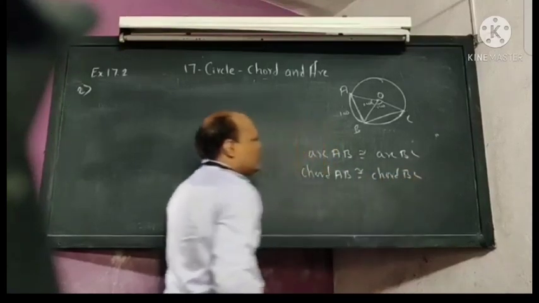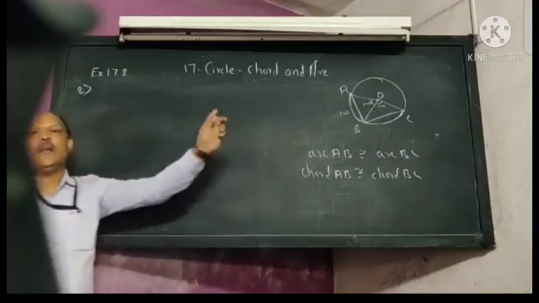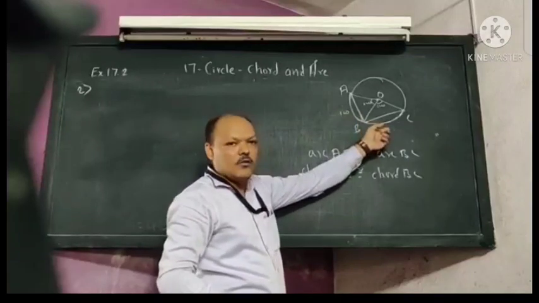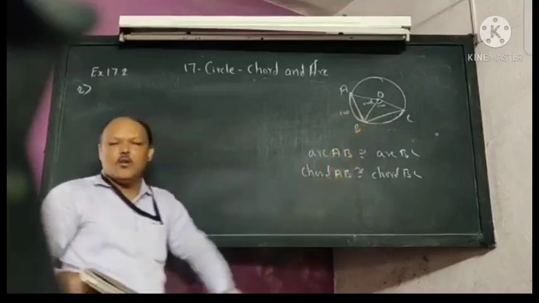If two arcs are congruent, the chords corresponding to the congruent arcs are congruent. I hope all of you understood this property.